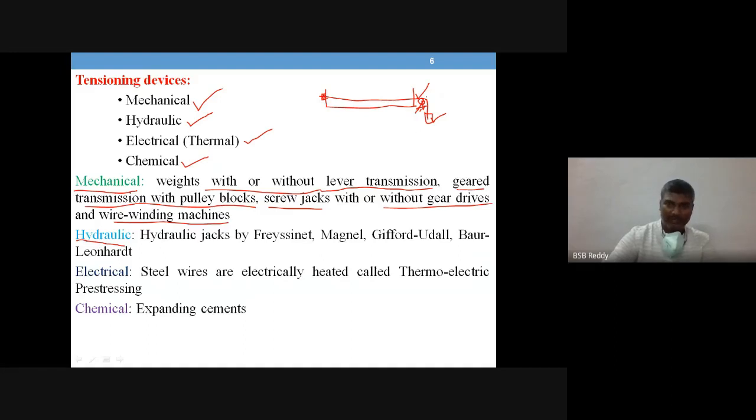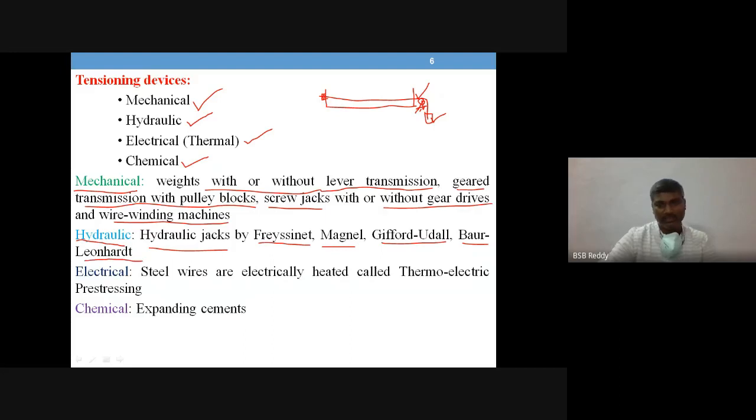You can even attach a wire winding machine. It will wind the wire, which means it will pull the tendon. Such is the technique. And hydraulic jacks are very famous, developed by scientists like Freyssinet, Magnel, Gifford, Udall, and Bar Leonhardt.